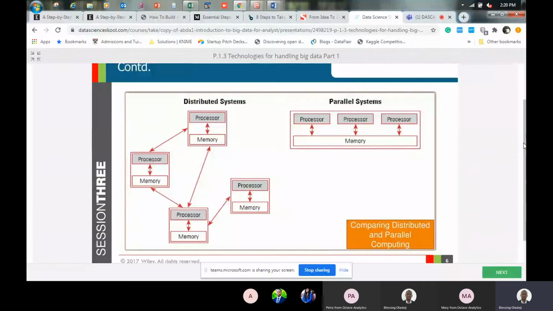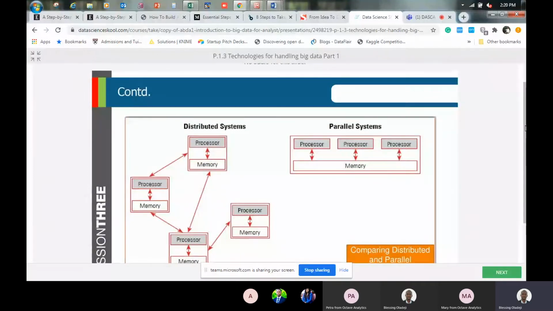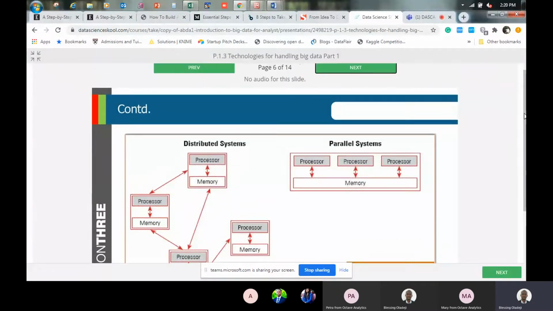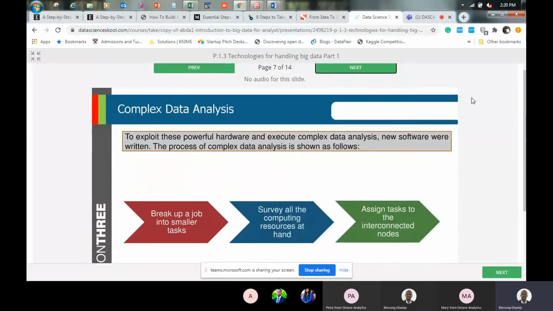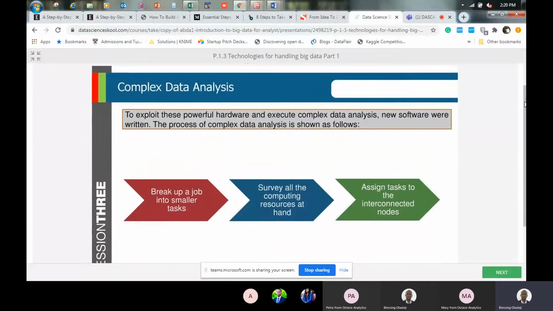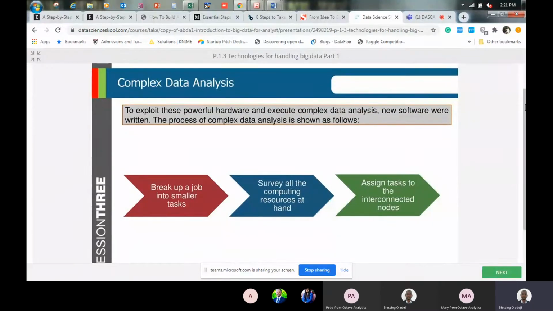Distributed computing involves many independent but interdependent computers working together in a coordinated way, while parallel systems are made up of multiple processors that share a common memory. Today, let's look at how a complex data analysis job will be done in either a parallel or a distributed computing environment.